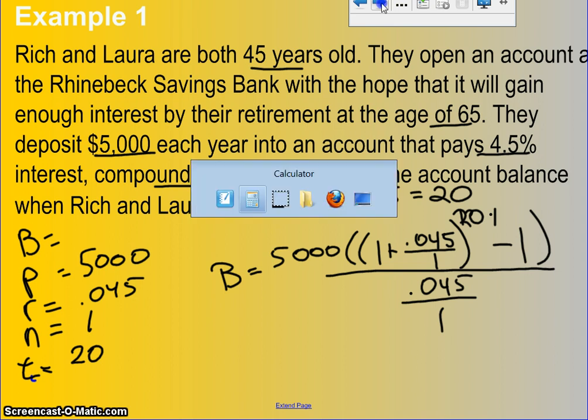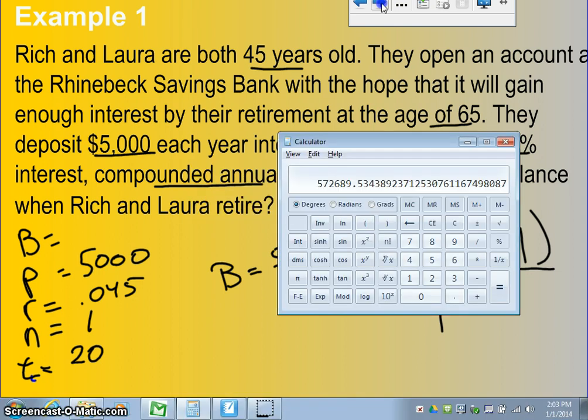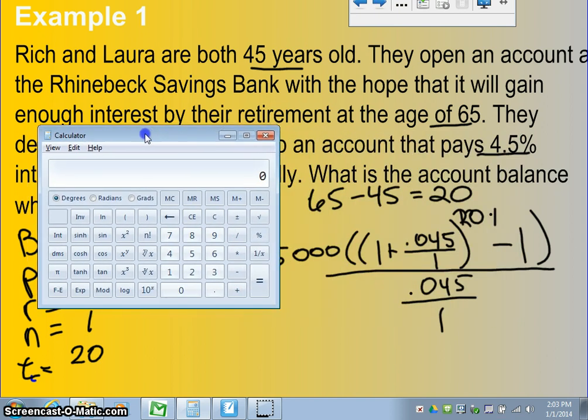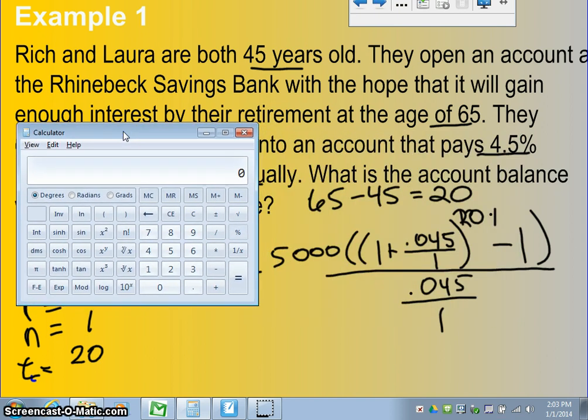Now when we put this into the calculator, this is going to be the really tricky part. So we've got to be very careful and do it in the correct order. I want you to watch very carefully so that you're able to repeat this process with the next you do situation.